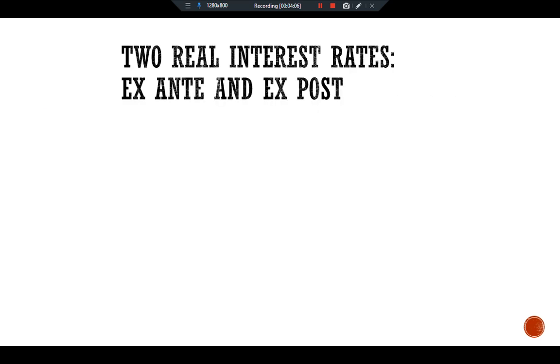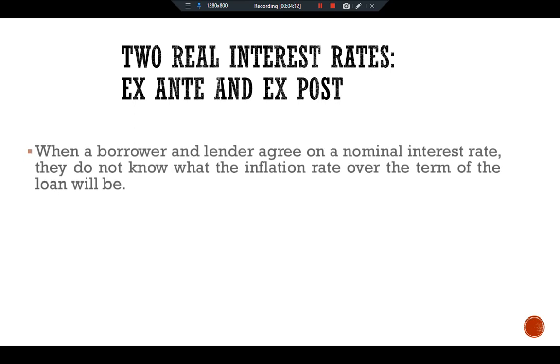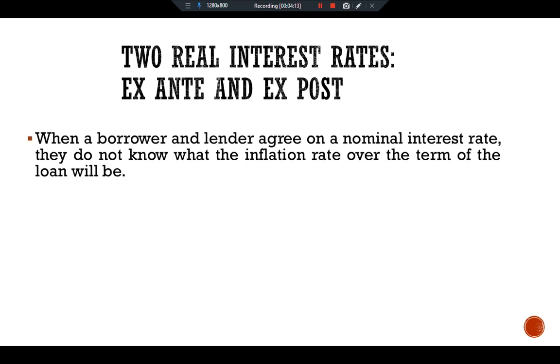The two real interest rates, ex-ante and ex-post. When a borrower and a lender agree on a nominal interest rate, they do not know what the inflation rate over the term of the loan will be.